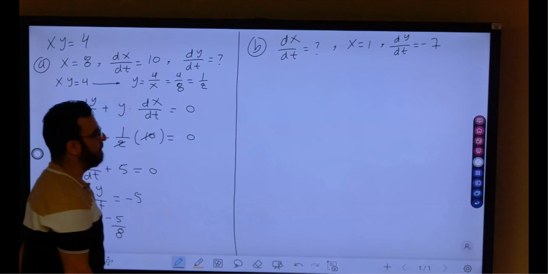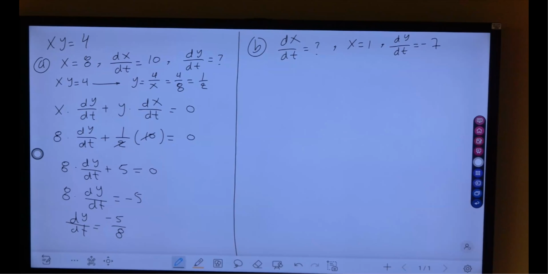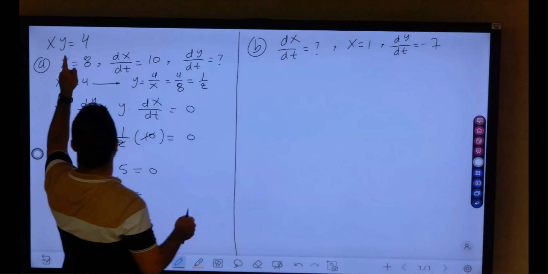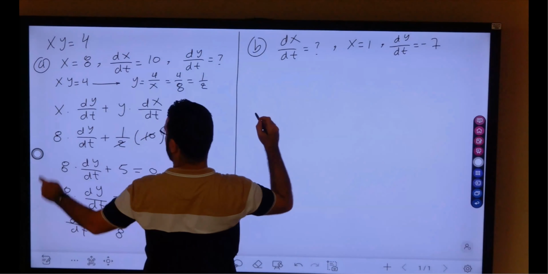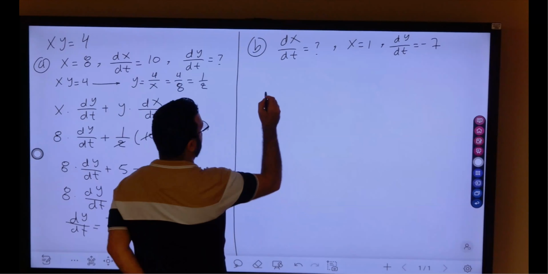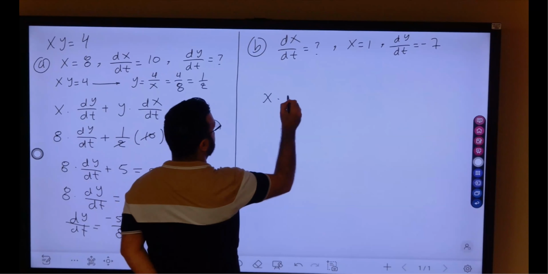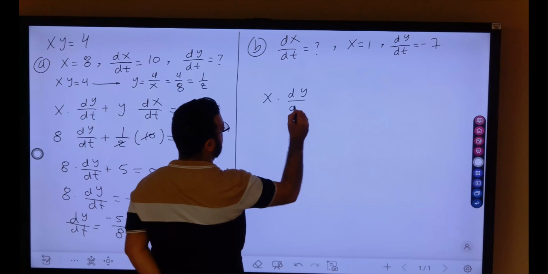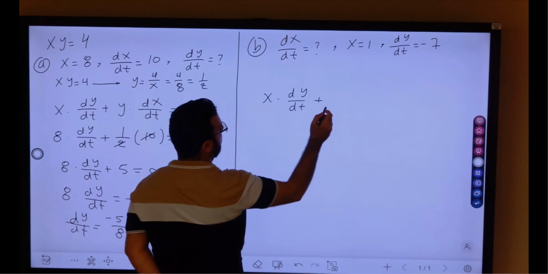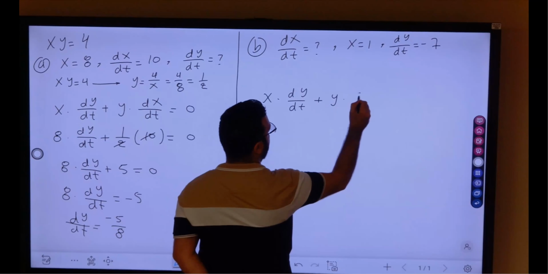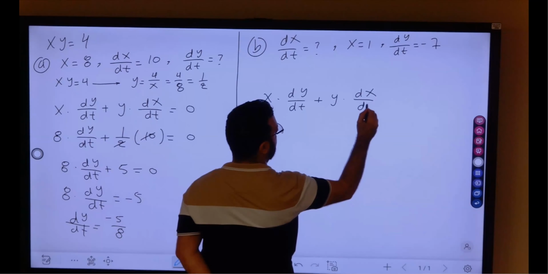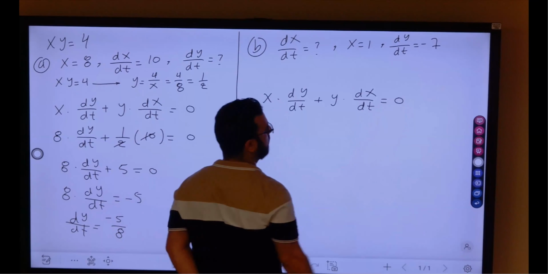We do the same process. We find the derivative of the same function, which will be x times dy over dt plus y dx over dt equals 0.